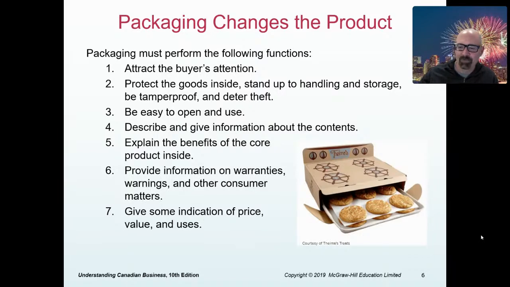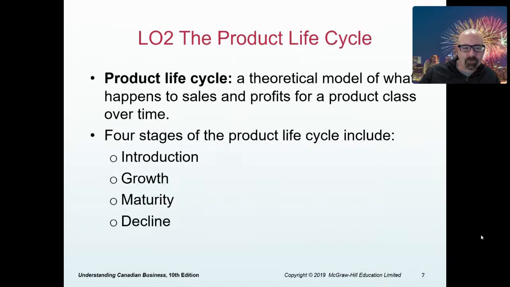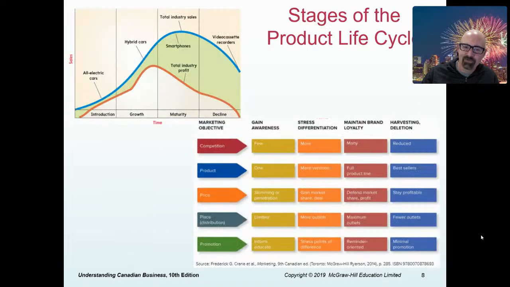So, product life cycle. Basically, what happens to a product and how our sales work over time. There's an introduction phase, a growth phase, maturity phase, and decline phase, and I'm pretty sure we're going to see a graph. Oh, look, there's a graph. So what we are looking at is a general curve.